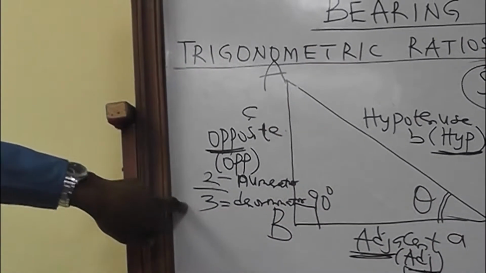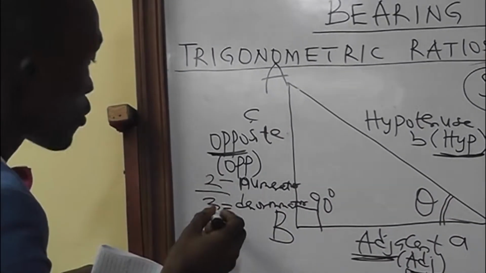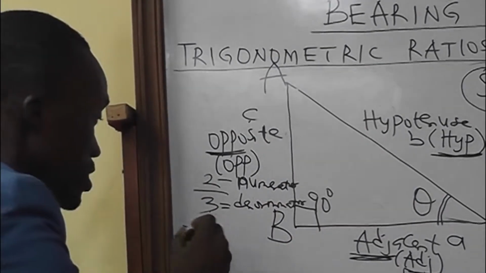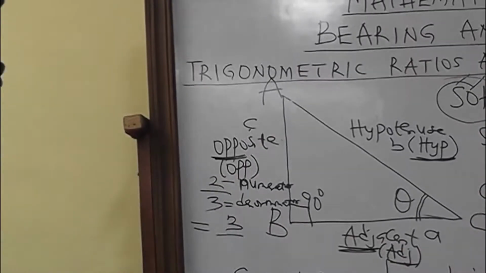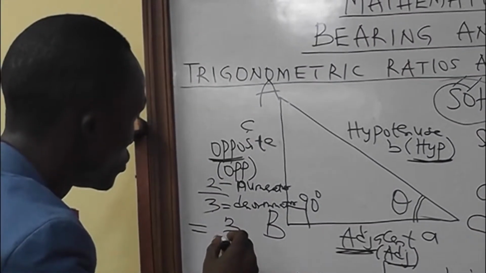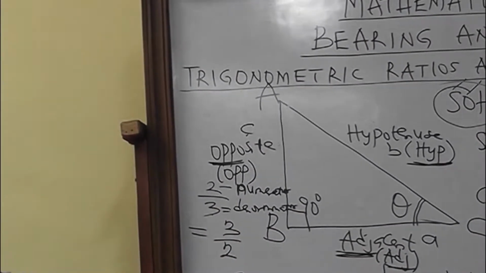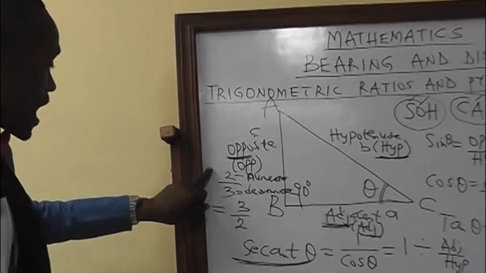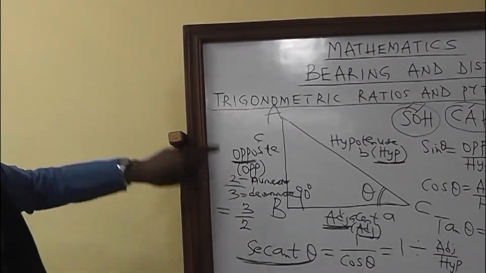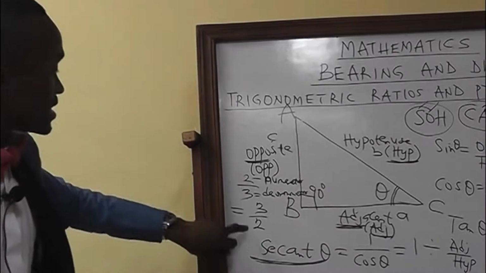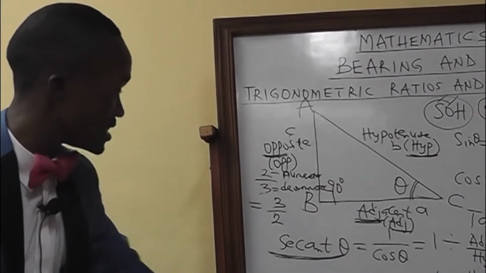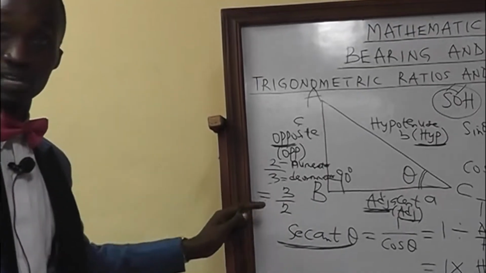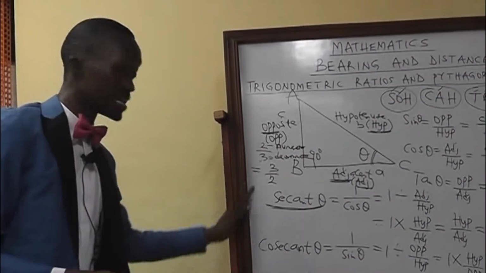So by taking the inverse of this, the denominator, which is 3, will become our new numerator, then the numerator, which is 2, will become our new denominator. So which means if cosine is 2/3, secant is 3/2. Secant, cosecant, and cotangent are just terminologies that we use. They are just terms that we use under this topic.